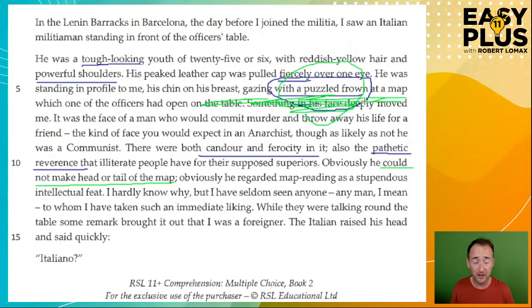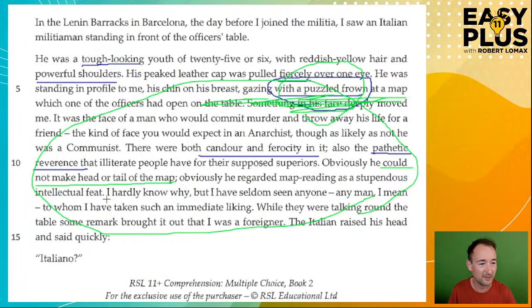And you could be completely stuck because the line that it's guided you towards does not answer the question. You have to have read the passage already in advance and know your way around it well enough that you know that there is more information just afterwards around line 10.